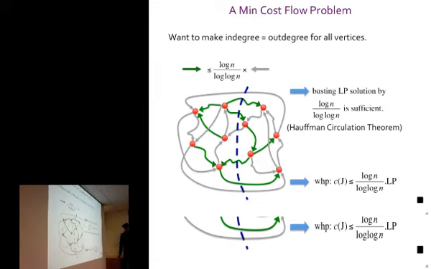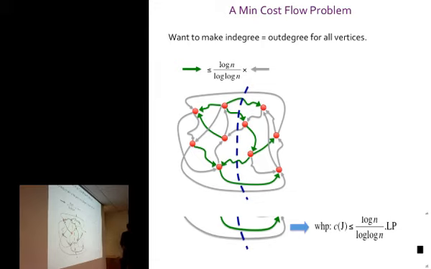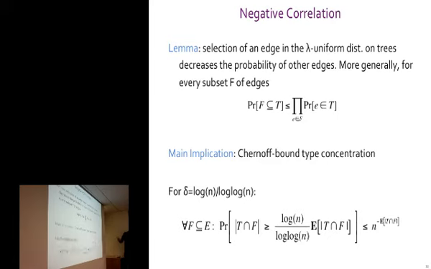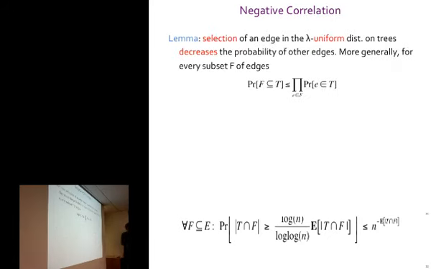Now, going back to the beginning of the argument, where are you using the fact that those lambdas are the multipliers? Right, so we use it here to prove the negative correlation. This property is true for the lambda-uniform distribution on spanning trees, but not for any distribution on spanning trees. You can have distributions that don't behave like this.